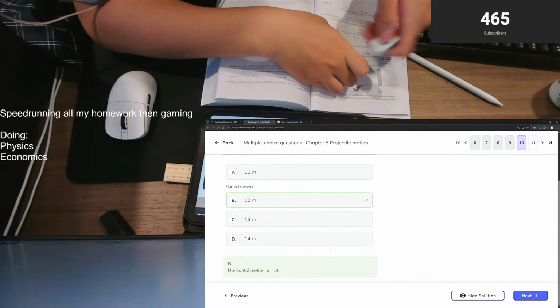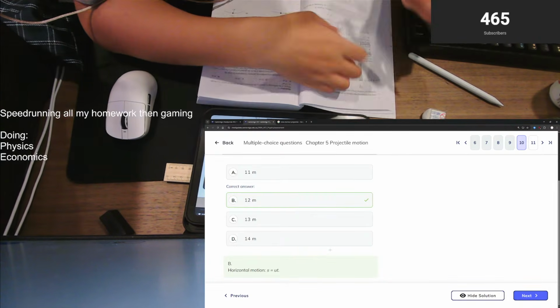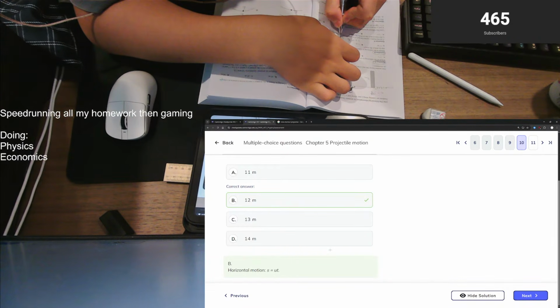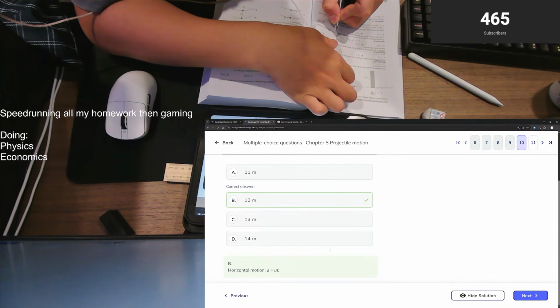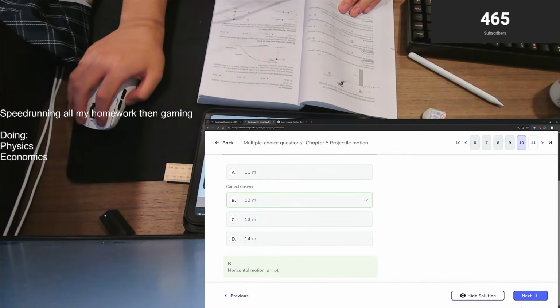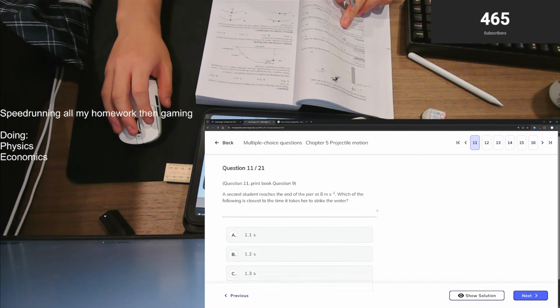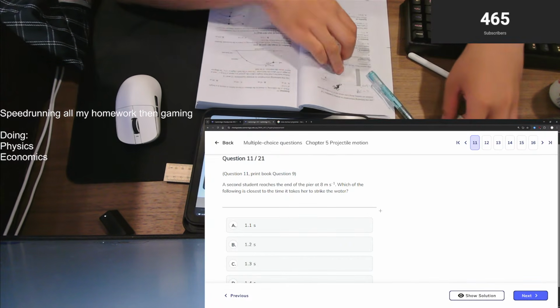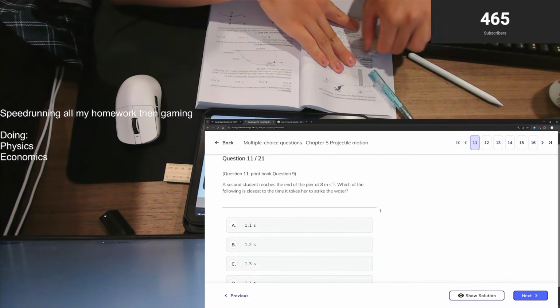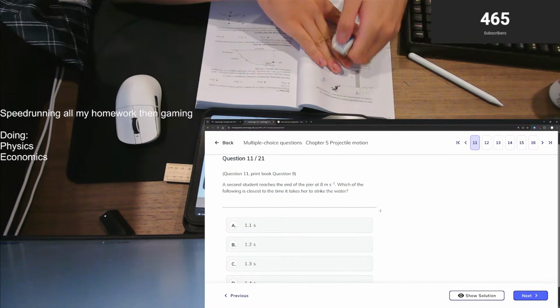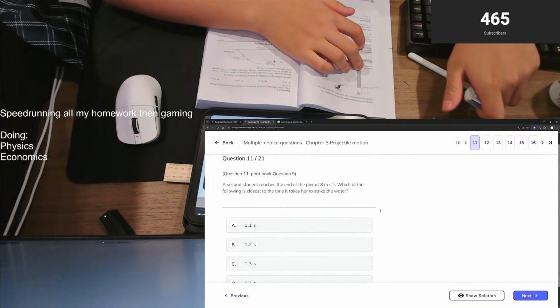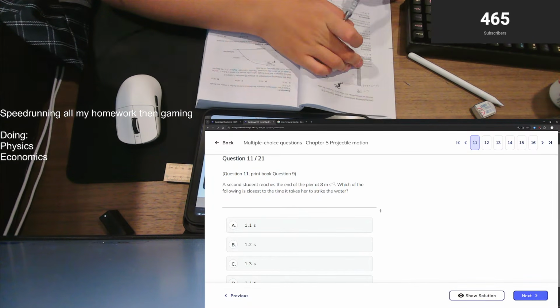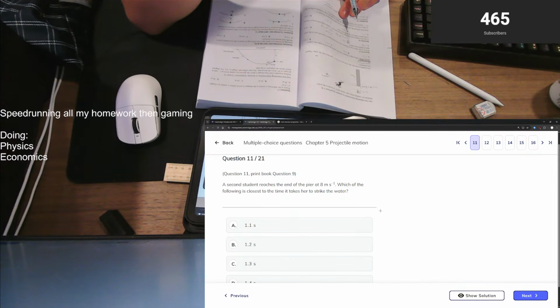Second student reaches the end of the pier at 8 meters a second. Which of the following is closest to the time it takes her to strike the water?